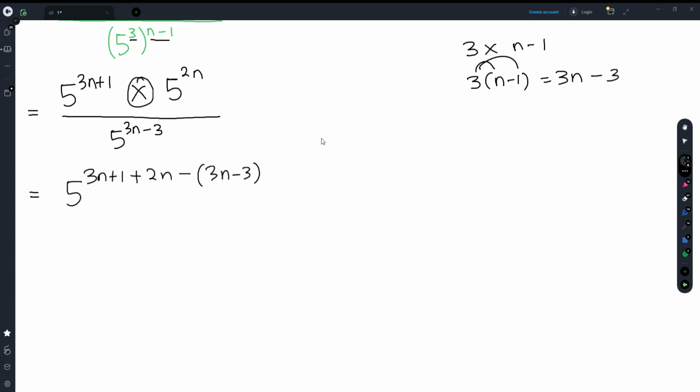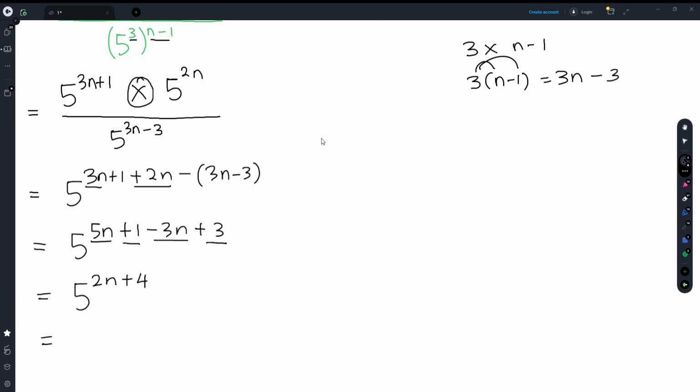Because there is a plus and minus here, so better to use a bracket, otherwise you will get the wrong answer. So finally, 5 to the power of 3n plus 2n becomes 5n, plus 1, and when you expand the bracket it is minus 3n and plus 3, because negative and negative becomes positive. So 5n minus 3n becomes 2n, and 1 plus 3 becomes 4. You end up with 5 to the power of 2n plus 4.